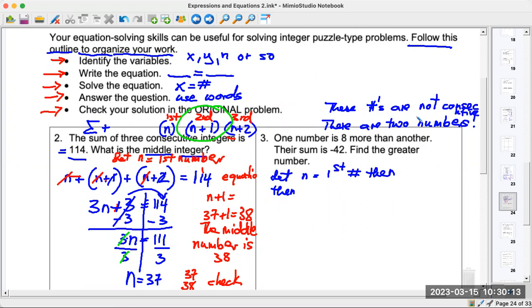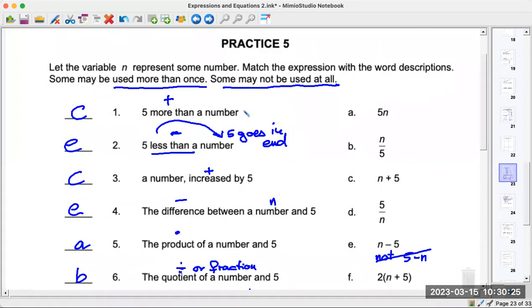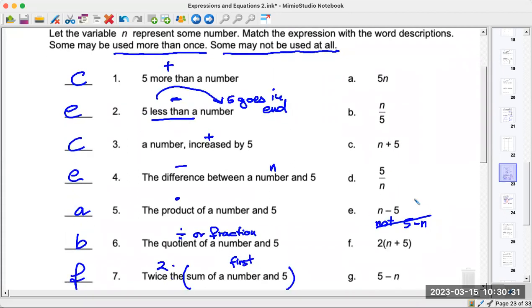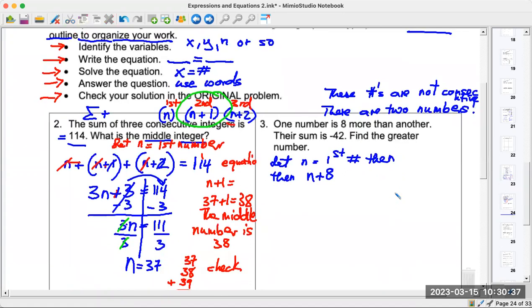Okay, so they're not next to each other on the number line because one number is 8 more than the other. So the other number is n + 8. That's why you're learning this. 5 more than a number: number plus 5. 5 less than a number: number minus 5. So you're learning that to write your equations. Okay, so n plus 8 is the other number.